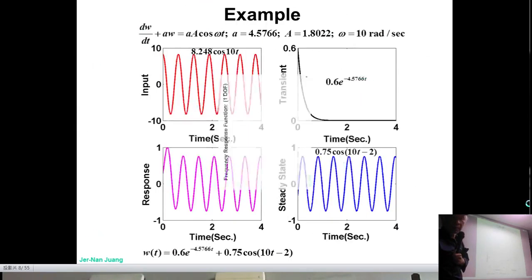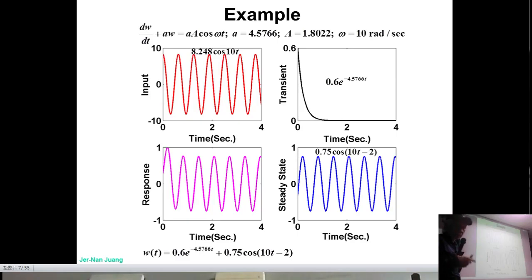I will show you the initial condition later, because for that transient response, you do have to give the initial conditions. All right. Then you have a steady state. On the right hand bottom corner, you have the steady state response there. Then the transient plus steady state is my real response here.